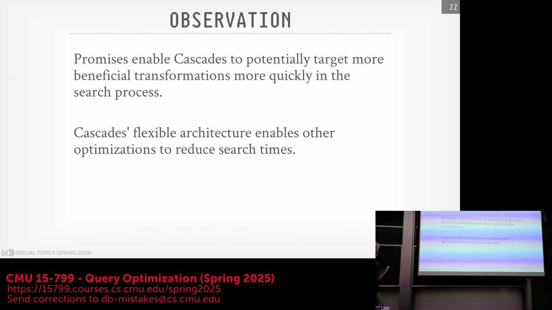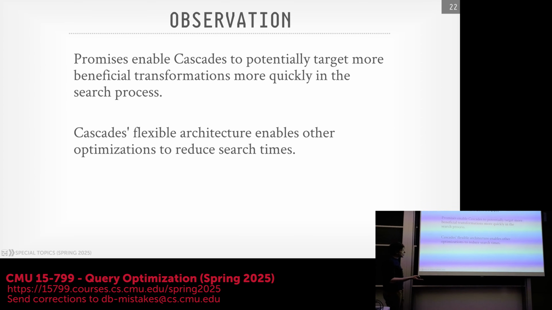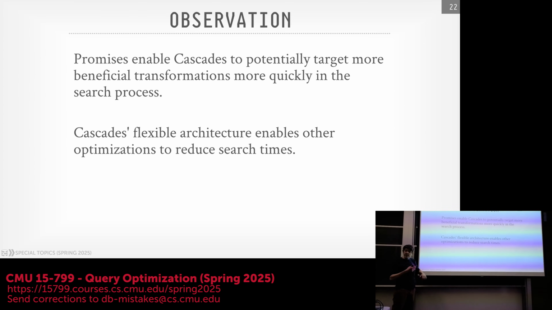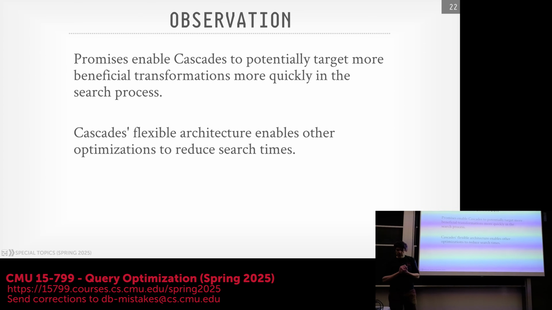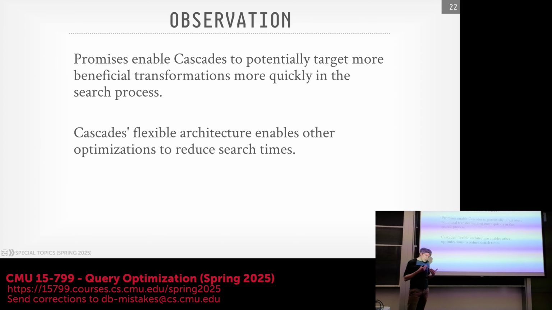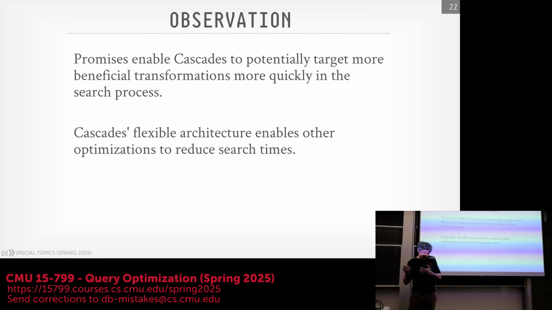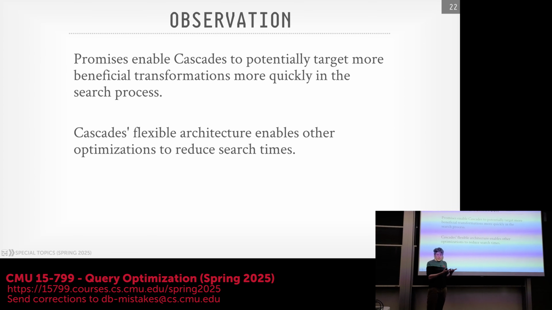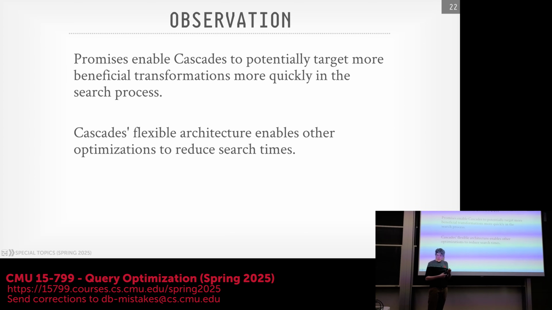All right. So, as I said before, the promises allow us to target more potentially beneficial transformations more quickly in the search process. Again, it's decoupled from the cost or objective function in a way that Exodus wasn't, right? And so that's nice, but we're going to be able to use that promise mechanism to sort of hand-guide the search mechanism to consider transformations that we think are more beneficial more quickly, right?